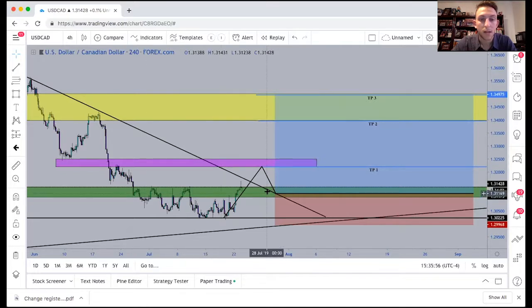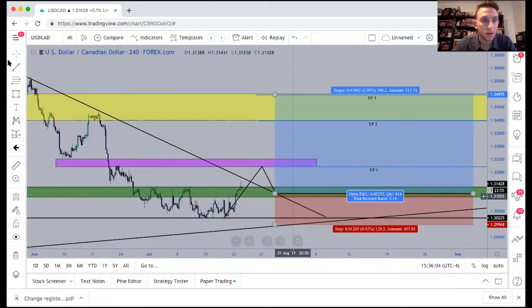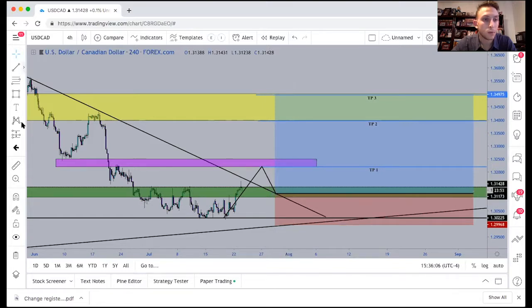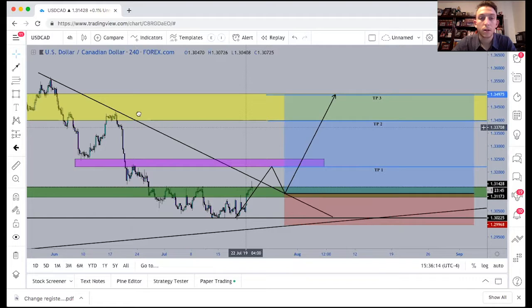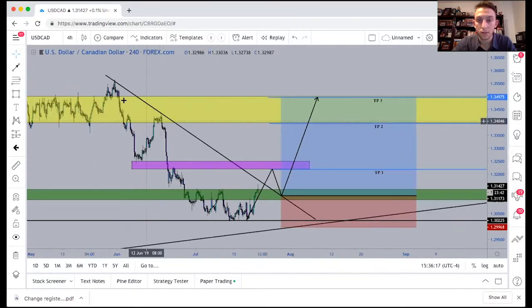Then look for us to come back down to this daily structure, back to our trend line, back to this consolidation zone that we broke out of. So finally retesting there. And then finally look for bullish confirmation right here, i.e. a bullish engulfing candle. And there you go. This is what I'd be looking for on USD CAD.